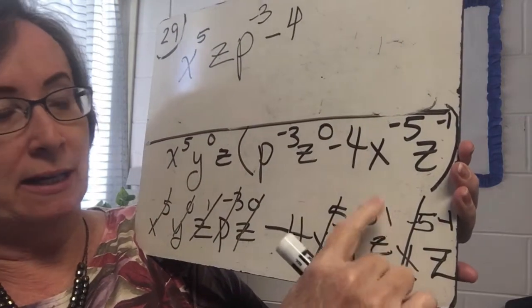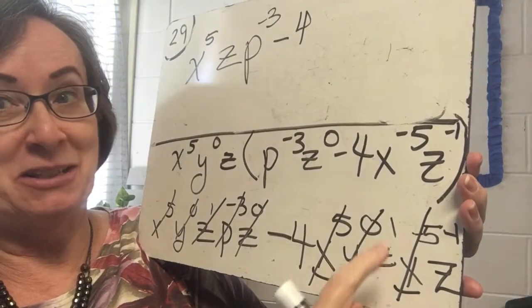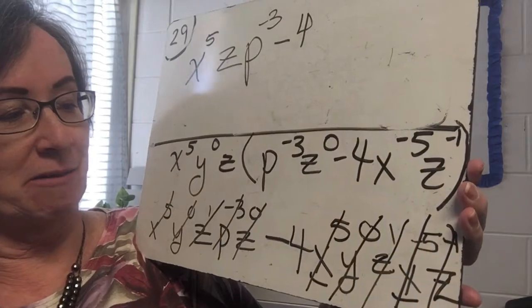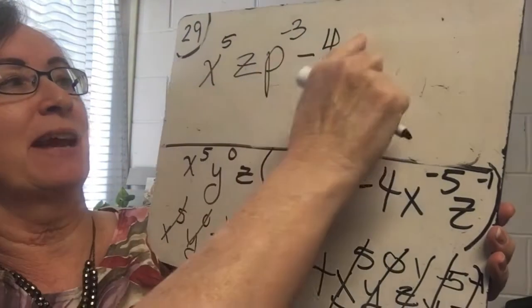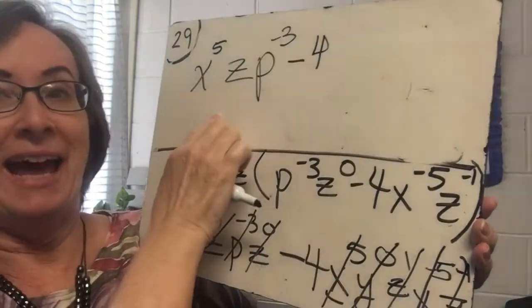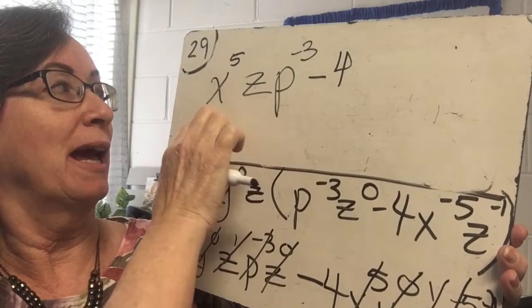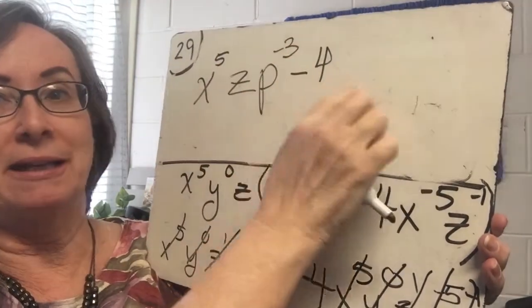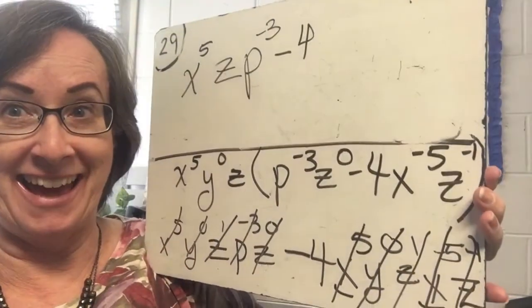Z to the 1, Z to the negative 1 is Z to the 1 minus 1, which is Z to the 0. Z to the 0 is 1. So we end up with this, because everything else was 1, that is our answer. Okay, so now we have x to the 5, z, p to the negative 3 minus 4. So that whole gobbledygook simplified to that.